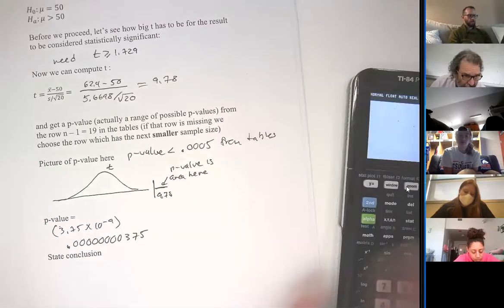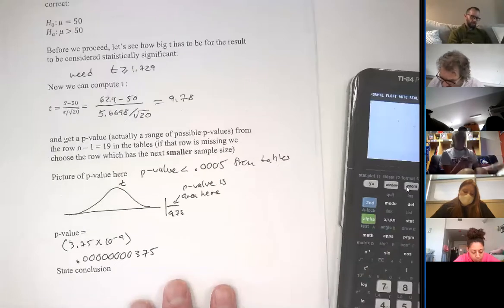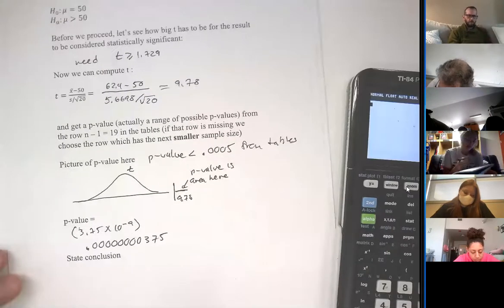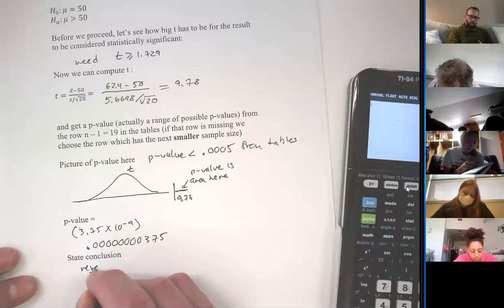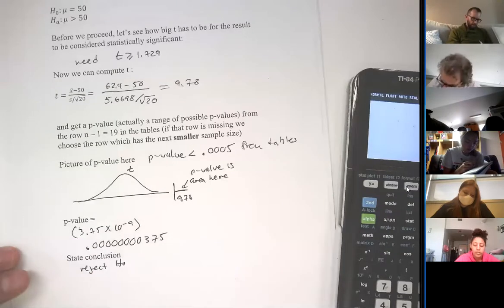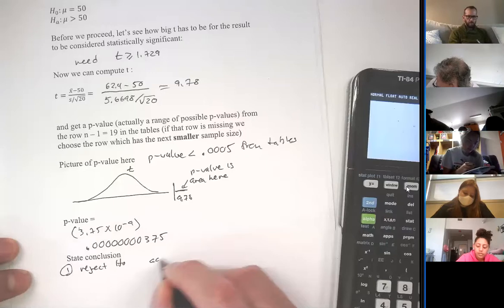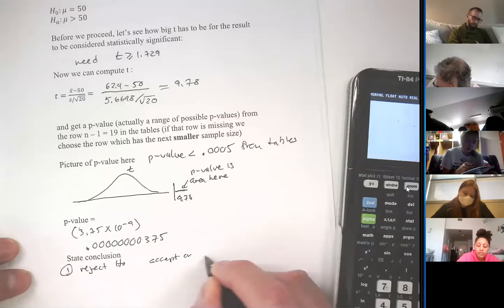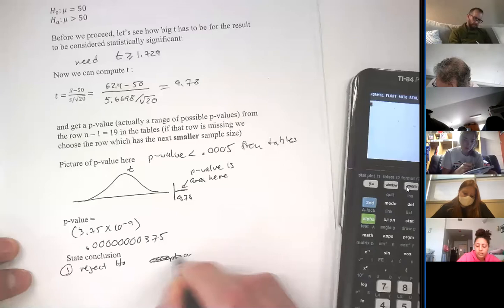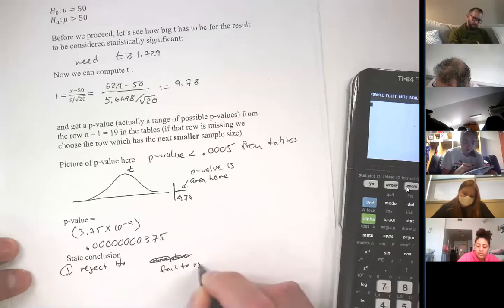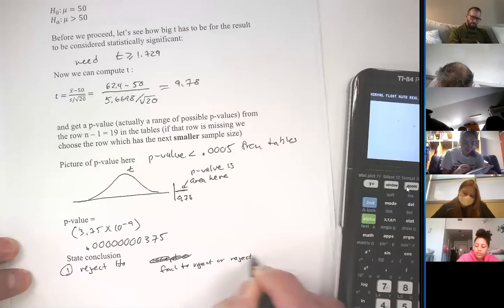It says state conclusion. Well, we're going to reject H0. That's the first thing we have to say: fail to reject or reject H0.